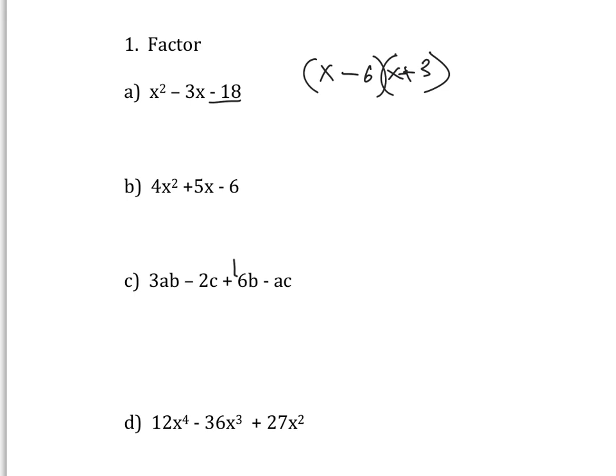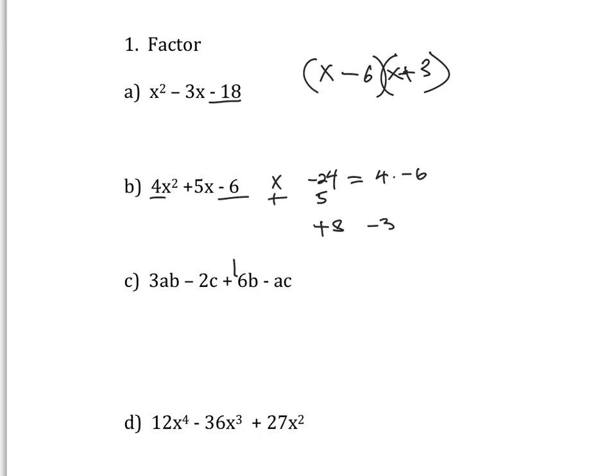Okay, for b, we now have a lead coefficient of 4, so it's a little more complicated. So now we want two numbers that multiply to negative 24 and add to 5. The negative 24 we get by multiplying 4 times negative 6, the coefficient of the x squared term times the constant. So those two turn out to be positive 8 and negative 3.